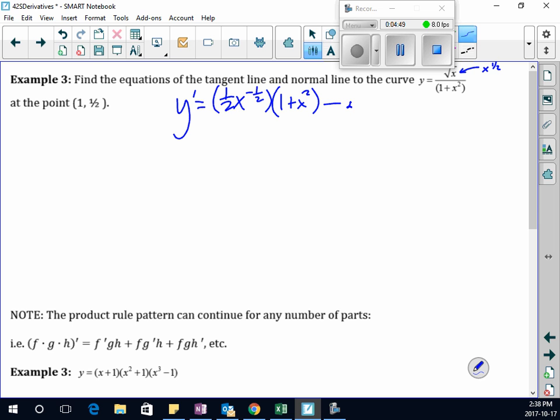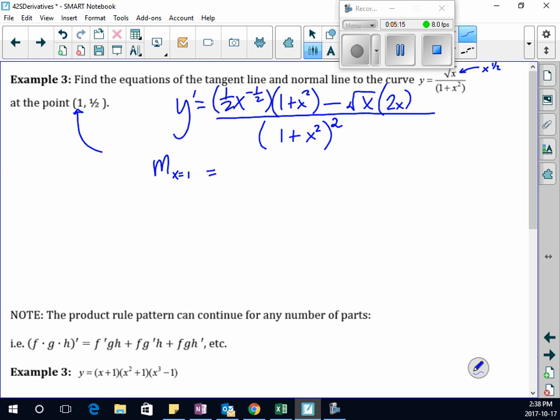Subtract the square root of x times 2x, yes? All over 1 plus x squared to the power 2. So this is now the derivative at any point, right? If I want to find the slope, I need to find a slope at a particular point. At this point, it's 1. So the slope when x equals 1, you can put there just so you know that you're doing that.